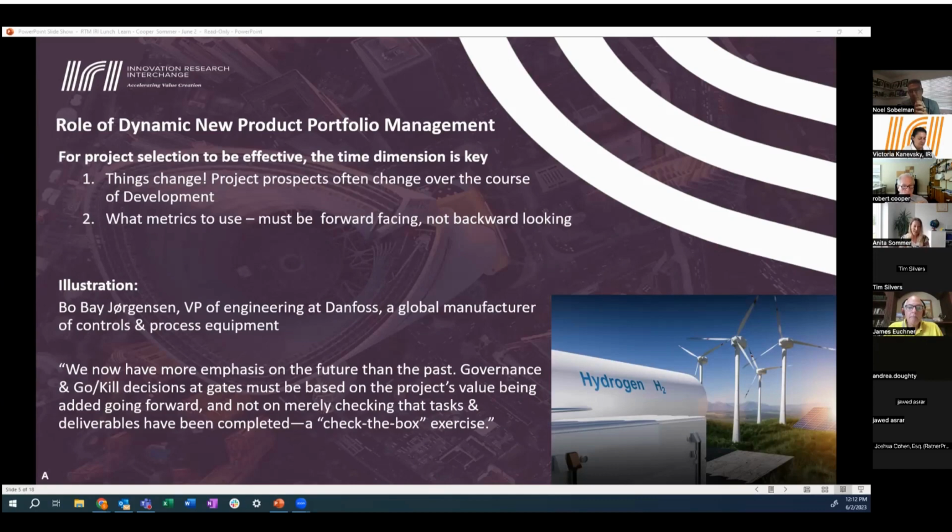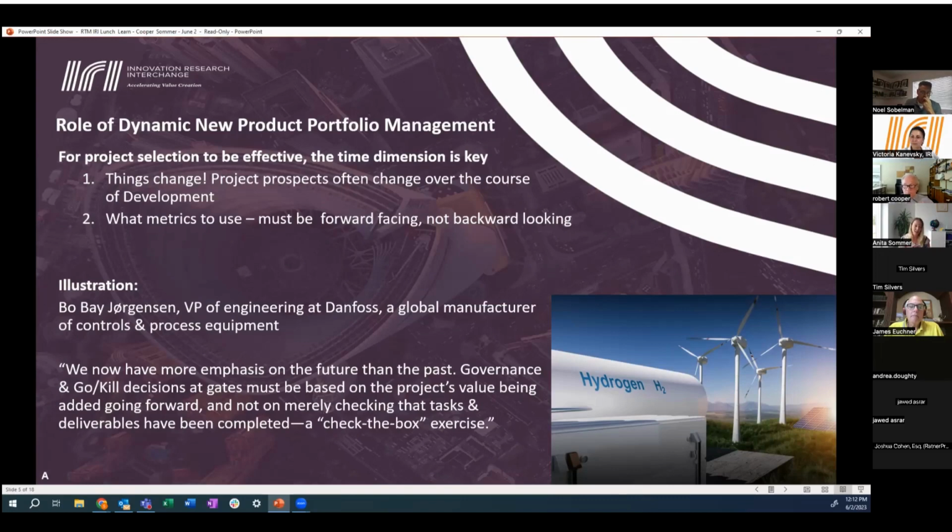So what metrics to use in such situations? Well, we can definitely not use our backward knowledge to understand the future. We have to have a forward-facing way of understanding value. And we cannot just base it on process either. And definitely not only with one go/kill decision in our setup.